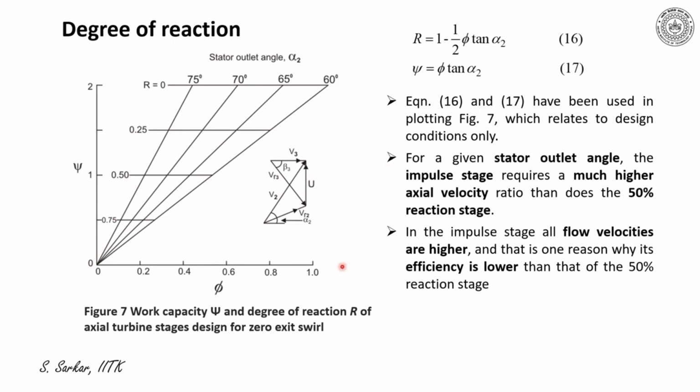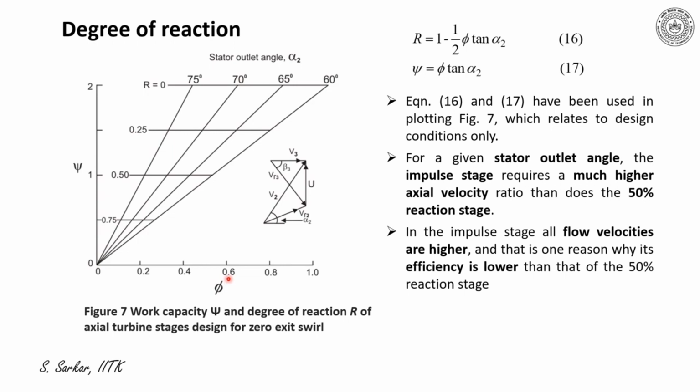Suppose we consider alpha 2 is equal to 70 degrees. If the stage is an impulse stage, it will have a phi of about 0.6.